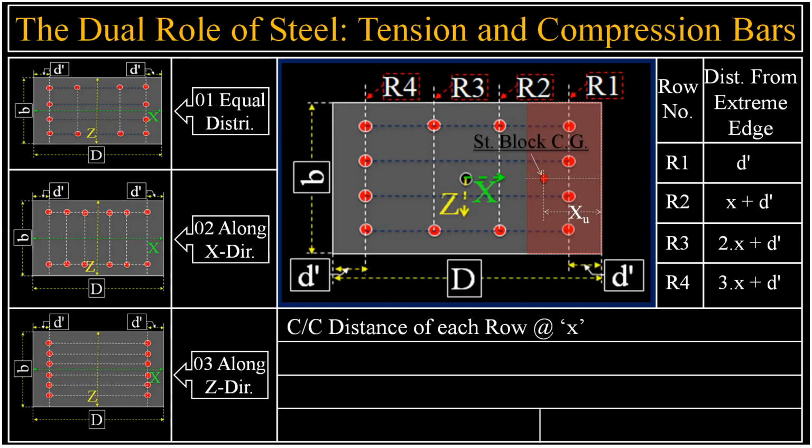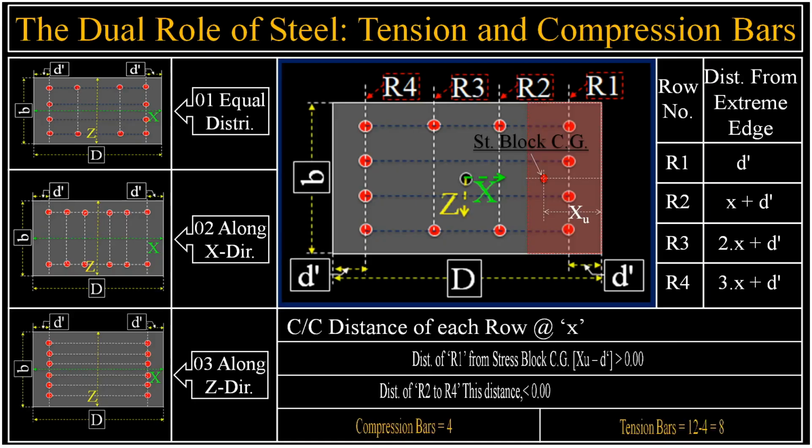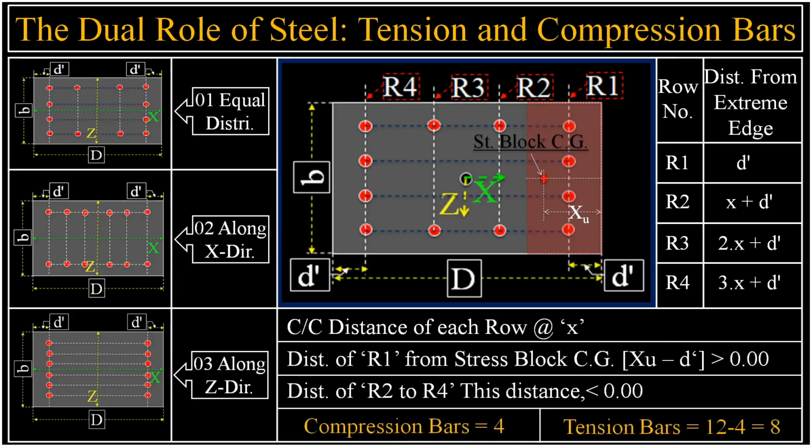The stress block Cg is where the resultant compressive force, Cu, acts. The condition for determining a bar's status is simple. If the distance from the bar to the neutral axis is positive, meaning it is on the compression side, it is a compression bar.